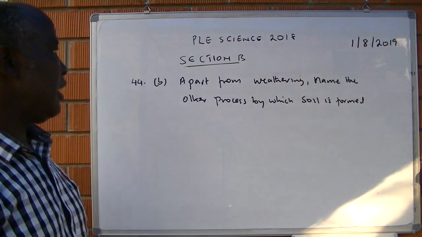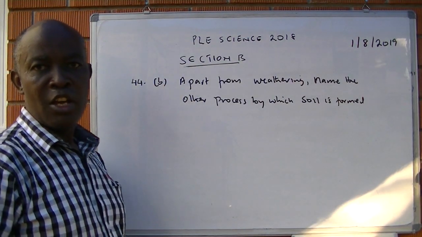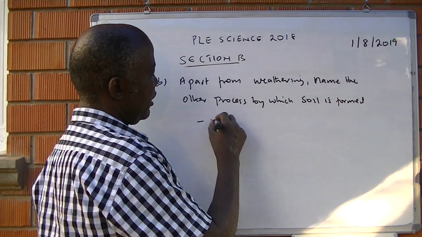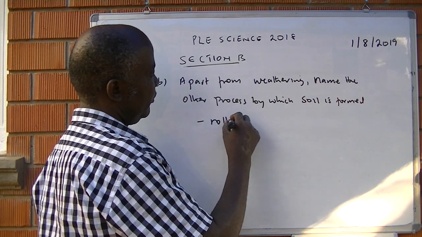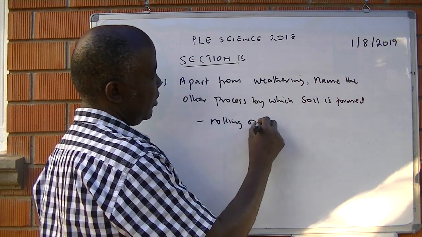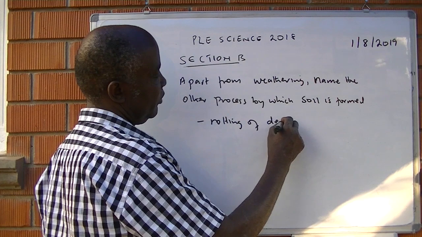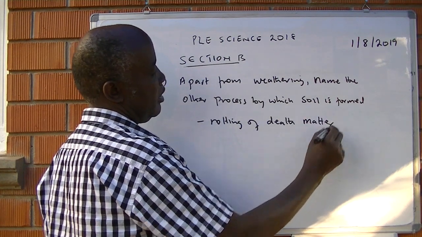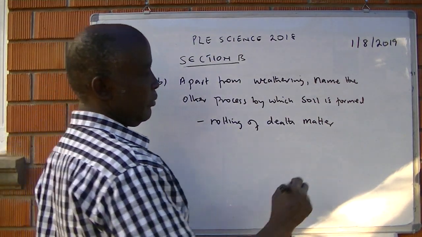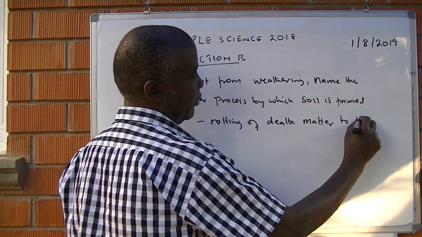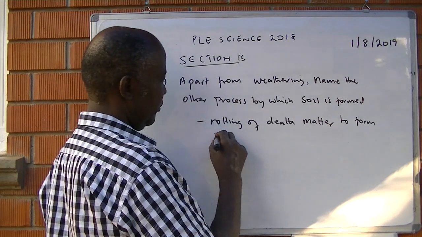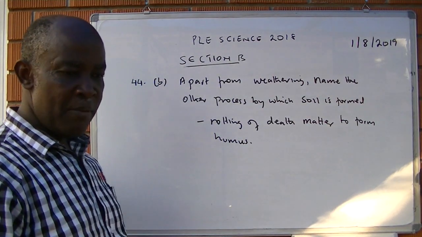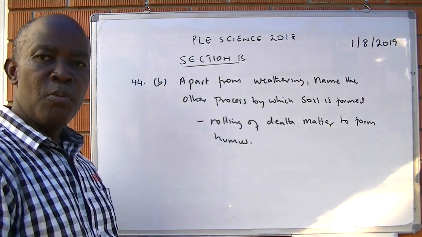B, apart from weathering, name the other process by which soil is formed: by rotting of dead matter to form humus.